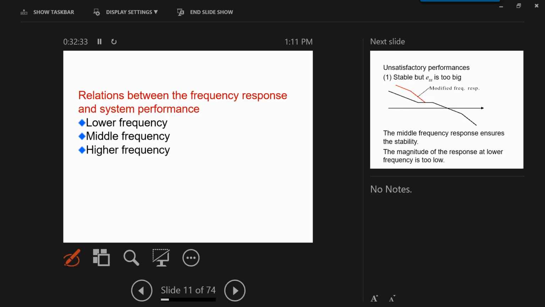So you want the high frequency to have a high slope, because you want the system to attenuate and reject any disturbances at high frequency. Any controller that results in amplifying the high frequency is not really recommended, but sometimes we cannot avoid that.